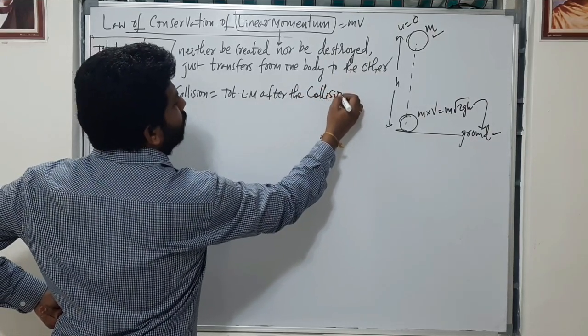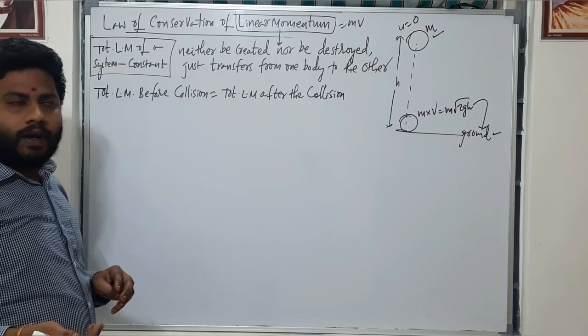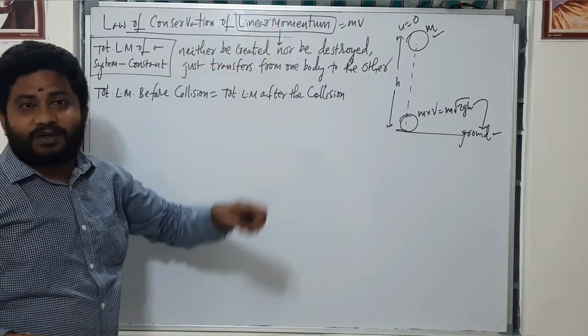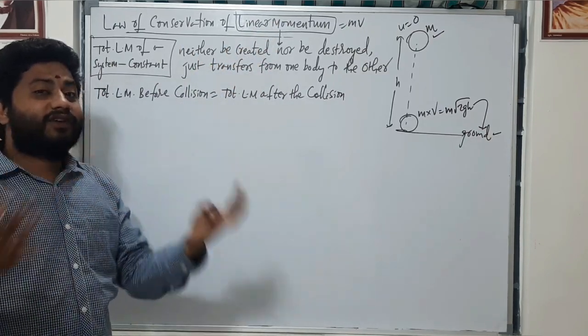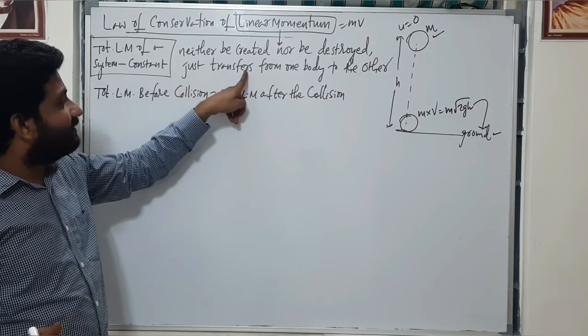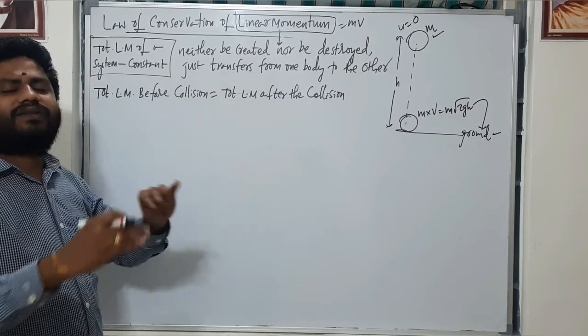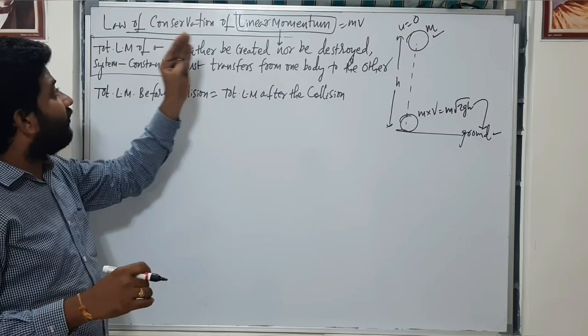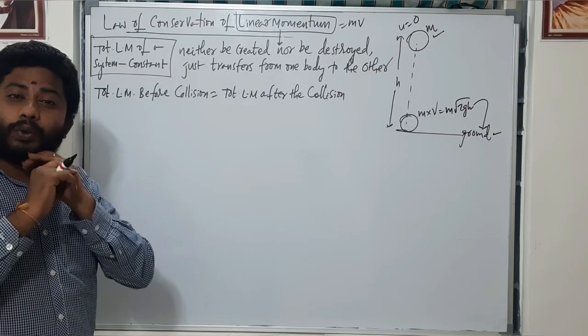This is also equal to the law of conservation of linear momentum. There won't be any confusion at all. This and the last one, all three, give you the law of conservation of linear momentum only.